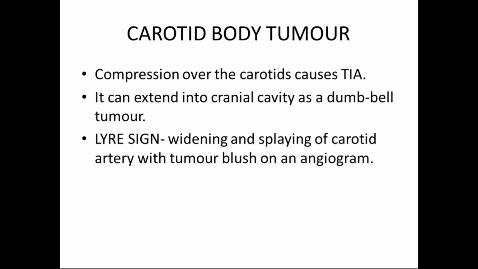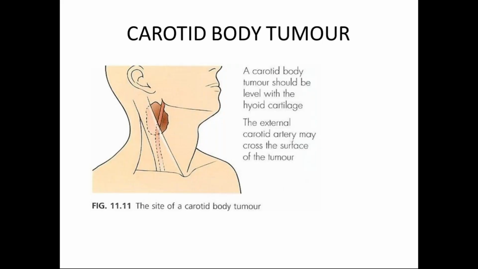This causes compression over the carotids, which may lead to transient ischemic attacks. It can extend into the cranial cavity as a dumbbell tumor. Lyre sign is widening and splaying of the carotid artery with tumor blush on an angiogram. See, this is the tumor site.